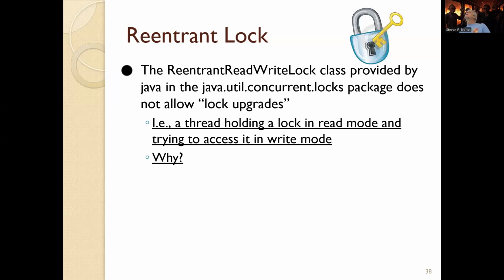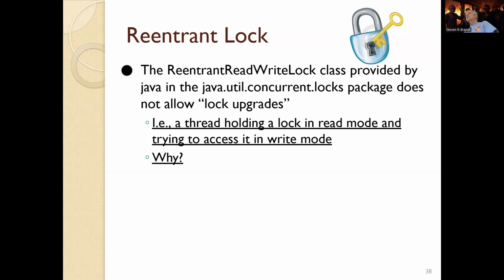Do it at the same time on deadlock again. So you have two threads, each have a read lock, and each wants to upgrade its read lock to a write lock. Each is going to wait for the other one to release its read lock. And neither one of them is going to, because they want to upgrade. They don't want to release and reacquire, right?